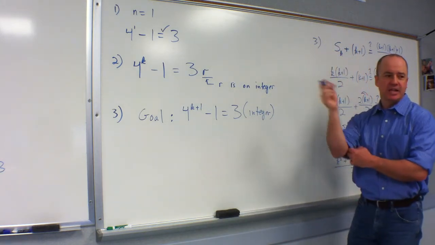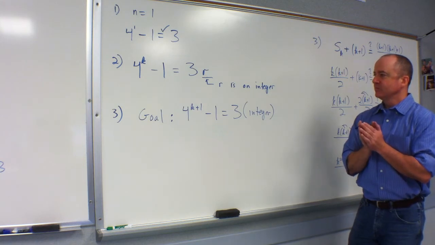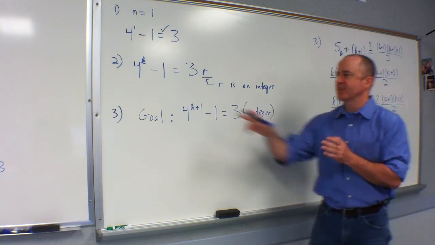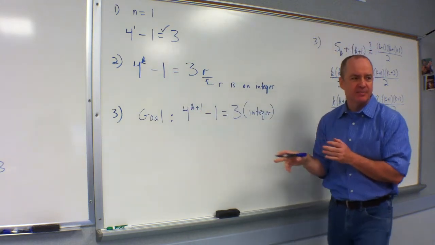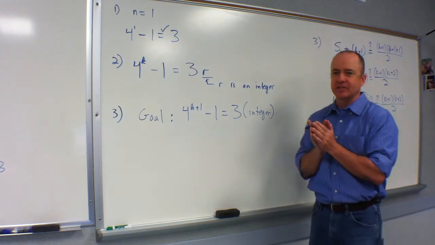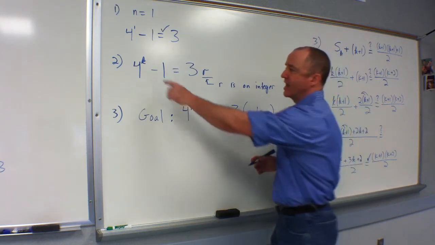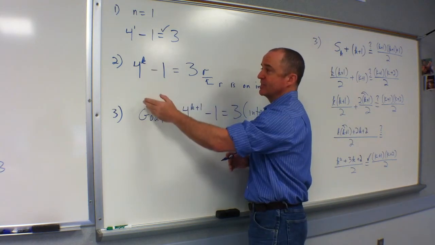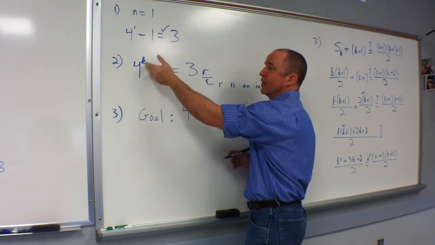That's the statement we need to get. The most important part is that we change this k to a k plus 1. Now this is an exponent with 4 as its base. How can I increase the value of an exponent with 4 as its base? Multiply it by 4, I'll add 1 to k. If I multiply it by 16, that would be k plus 2. Multiply it by 64, that would be k plus 3.